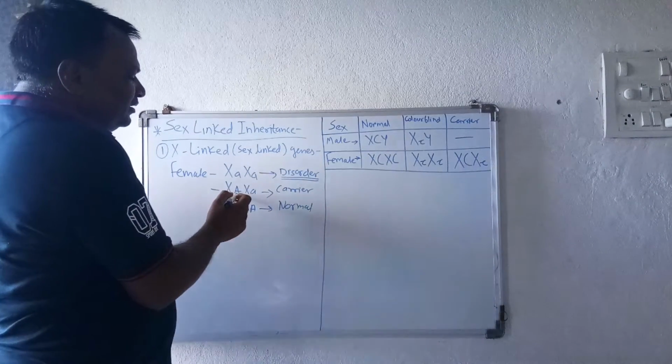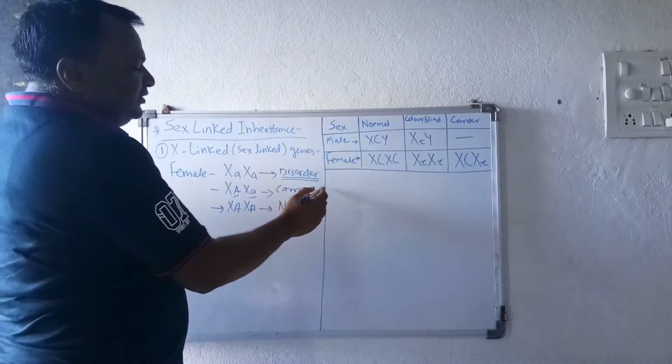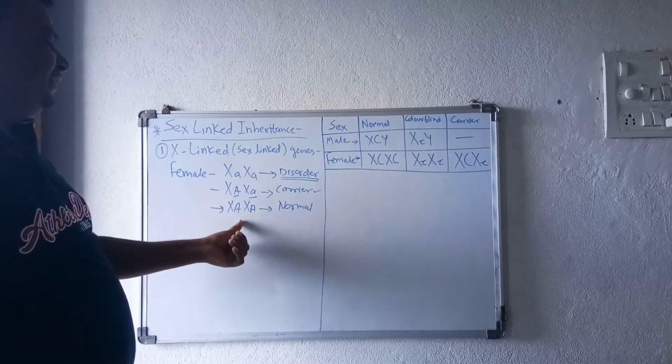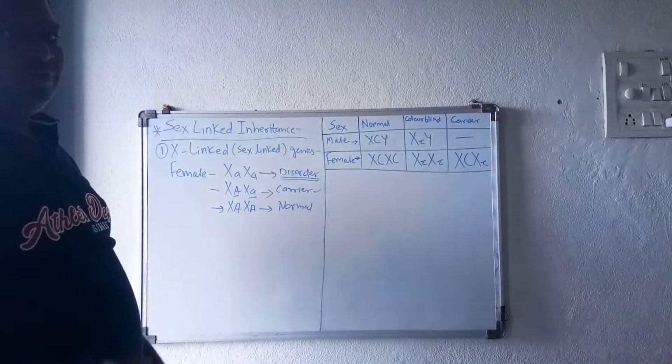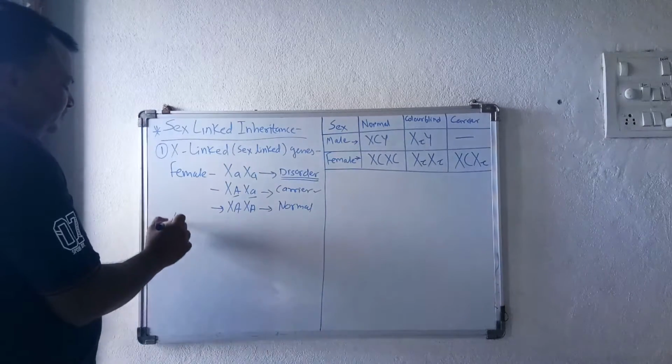If one gene is dominant and one is recessive, she will be a carrier. And if both alleles are dominant, she will be normal and will not suffer from that disorder.